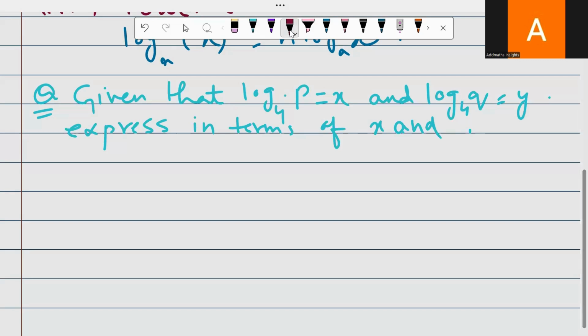There are four parts of this question. Part A is log 4 of 4p.